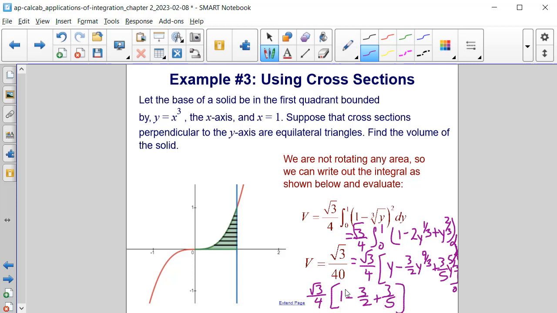And when we find the common denominator of 10, we'll have 10 over 10 minus 15 over 10 plus 6 over 10. So that ends up being 16 over 10 minus 15 over 10, which is just 1/10 remaining. So we have the square root of 3 over 4 times 1/10, and that's how we end up getting that the final volume is the square root of 3 over 40.